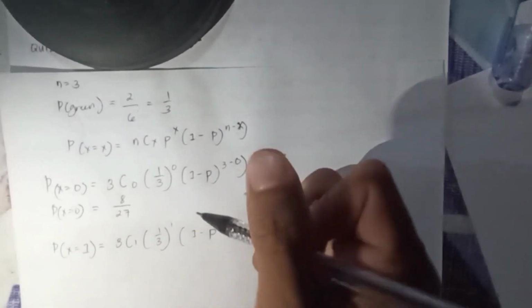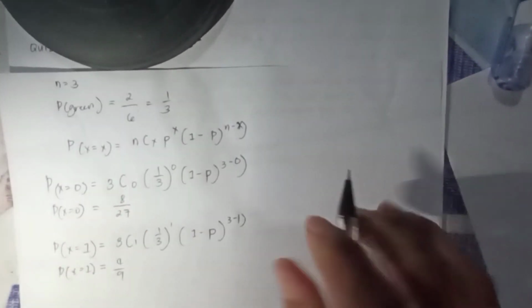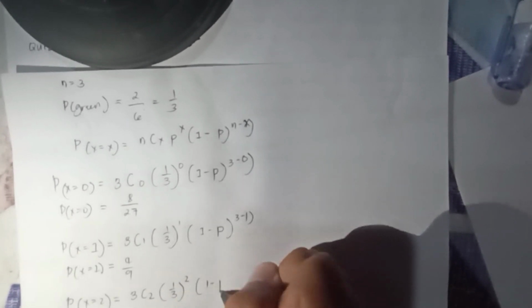And then we need to find also p of x equals 1. Substituting the values, p raised to 1, then 1 minus p raised to 3 minus 1, you get the value of p of x equals 1, that is 4 over 9. And then we need to get also x equals 2 by substituting the values into the formula. Then 1/3 raised to 2, then 1 minus p raised to 3 minus 2, you get the value for x equals 2, that is 2 over 9.